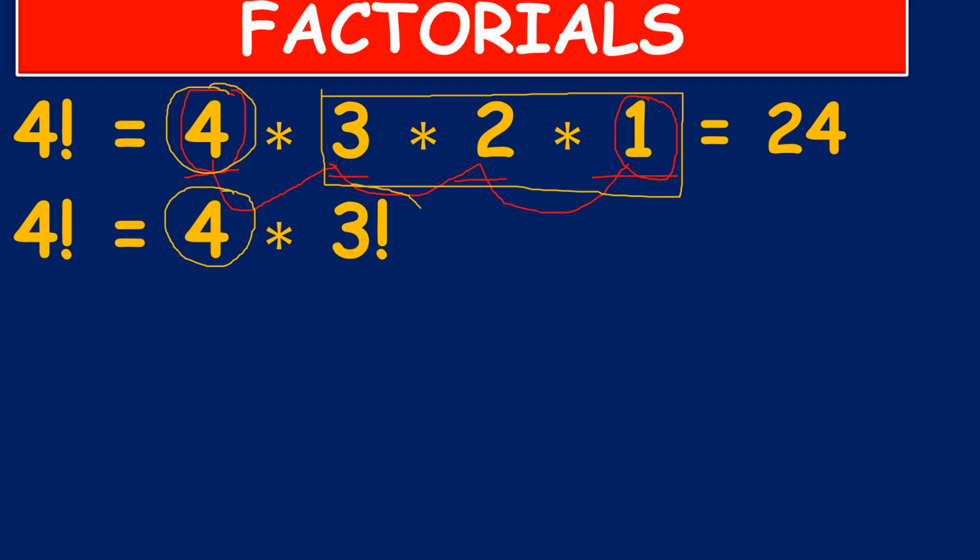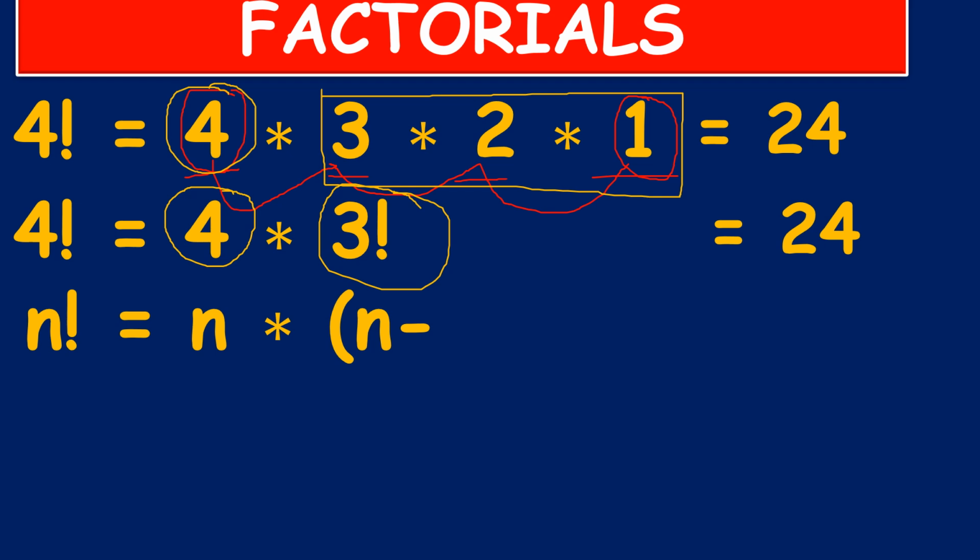And that's why we have it here as 3 factorial. So 4 factorial is the same as 4 times 3 factorial, as we have clearly depicted in this particular video. And that is equal to 24. So all we have succeeded in doing is to rearrange the expression, which has the same end result.